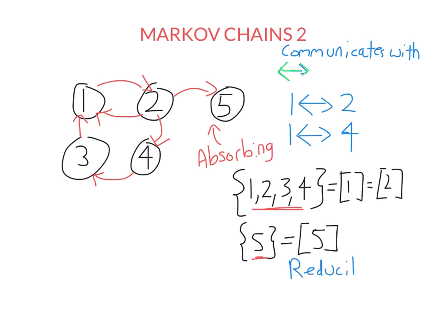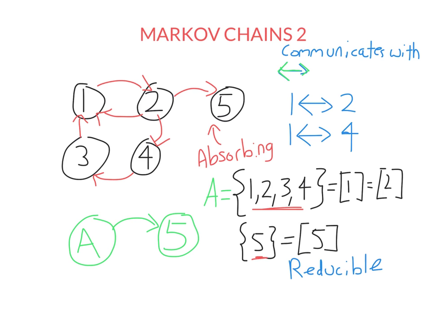And obviously, if there's only one communication class, which means every state communicates with every other state, we call it irreducible. So what we might do to make things simpler, we might actually divide this into 2 kinds of states. So I'm just going to call A to represent this group here.